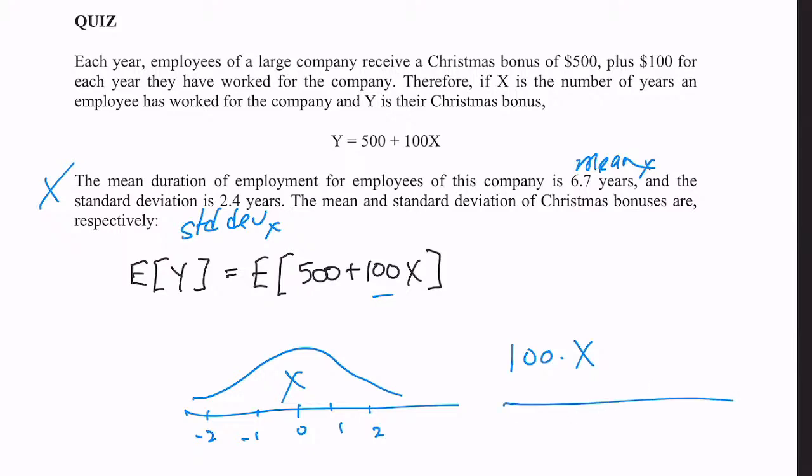So if I took every single value, 0 times 100 would still be 0 here. And if I took 1 times 100, that would make it 100. So now what's going to happen? Oh my goodness, it's going to be really big, right? The next one's going to be 100, and that makes that one negative 100.